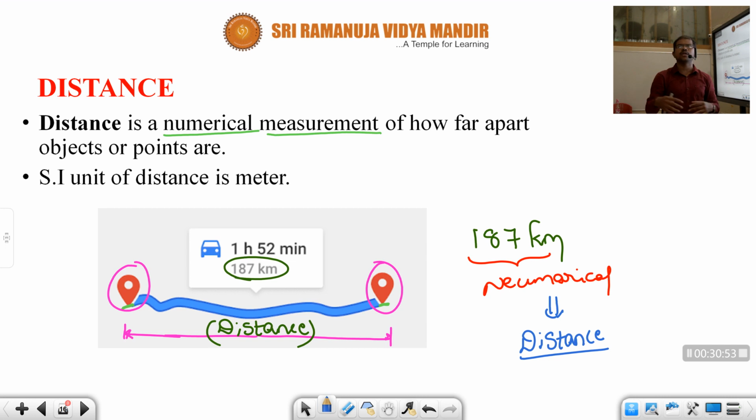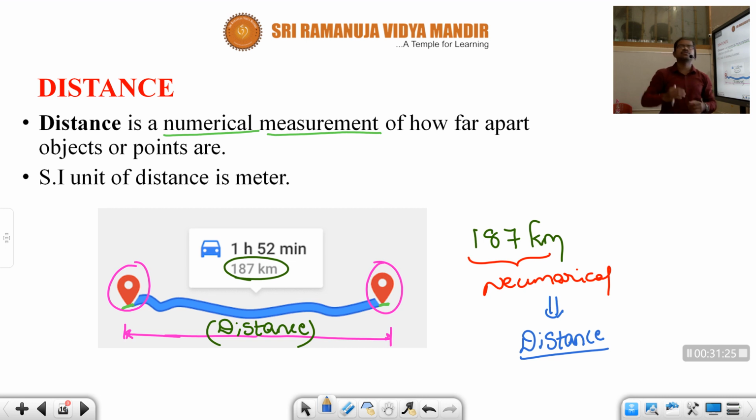Sometimes when you are about to visit any new place, before planning, you will estimate the distance from the point where you are starting to the final point where you want to reach. That you will check first.